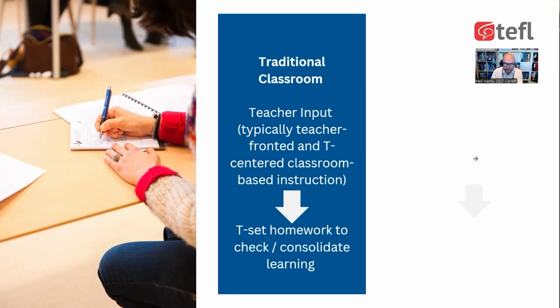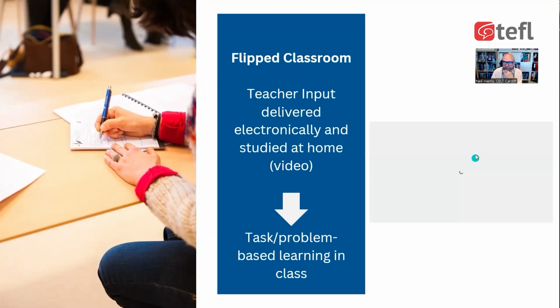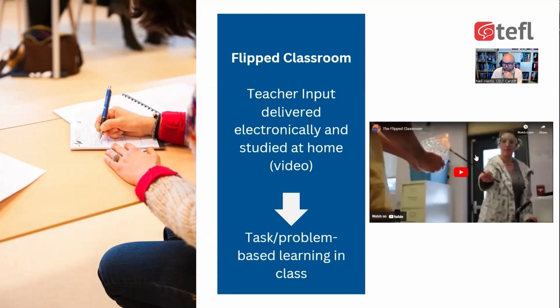But, and it's a big but, a number of people began to realize that this just doesn't work. And we here have a video, which is very short, 2.5 minutes, which will play for you now so that you can get an understanding of what the flipped classroom is all about and how it tried to upend the traditional classroom model.